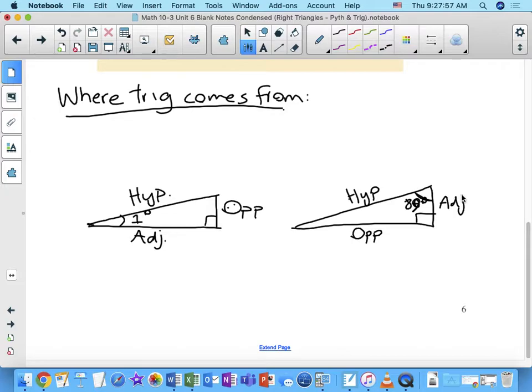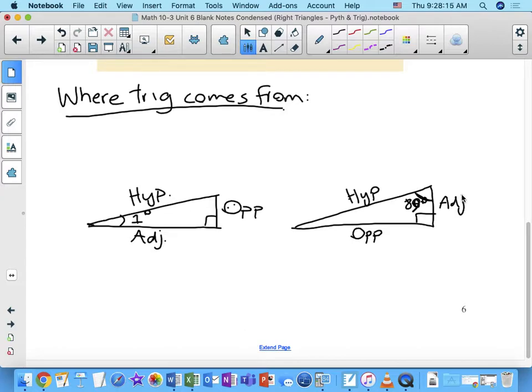They would have to go and look it up in a book. I showed you a picture of what that looks like yesterday. It's called a logbook, okay? It had all of the trig ratios in it, and it also had some logarithms in it, which is something that you might look at later on in your math careers.